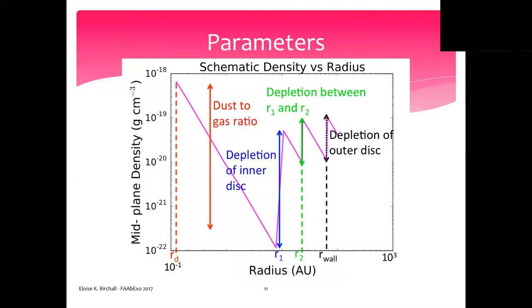So here you can see a density radius plot, with the radii on the graph. Here we can change the amount of dust at each wall and the total amount of dust. So all of my models use all 8 of these parameters, but this is the base for our symmetric model.